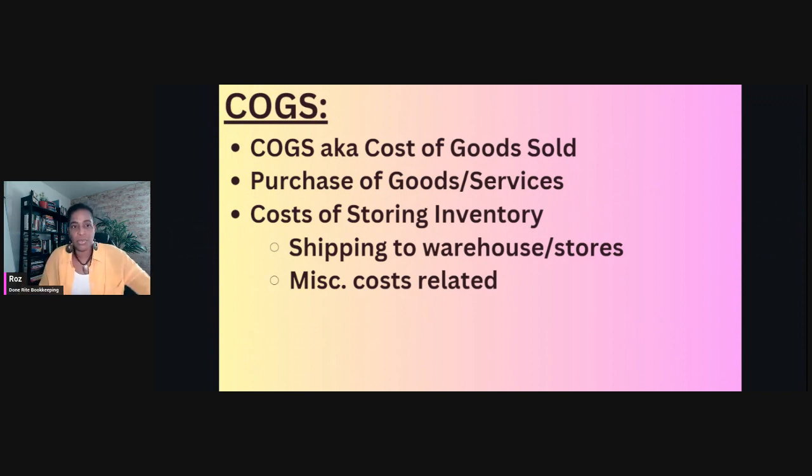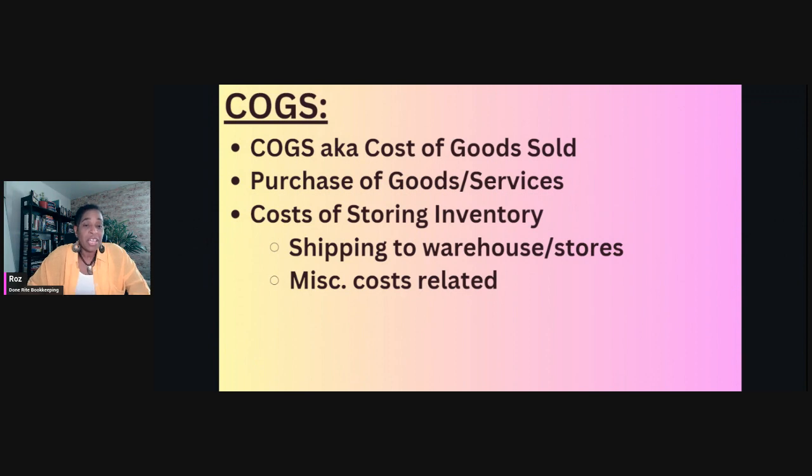Obviously, you're buying those goods wholesale from the manufacturer or whomever, and then maybe you're going to enhance it, maybe you're going to print on the t-shirts and you're going to resell it at retail cost. So that's what COGS are.